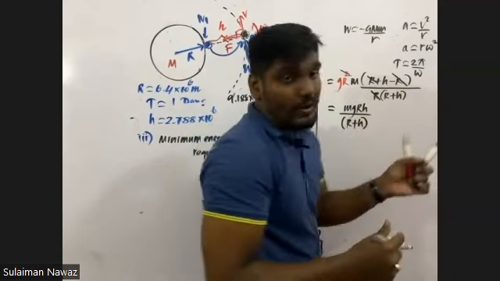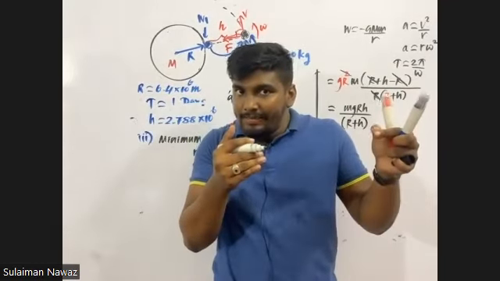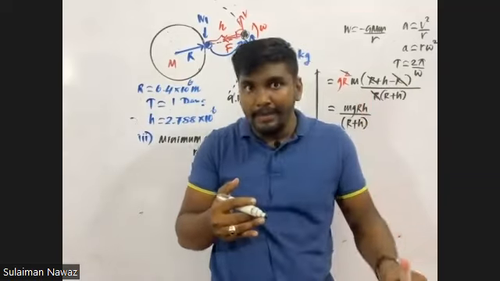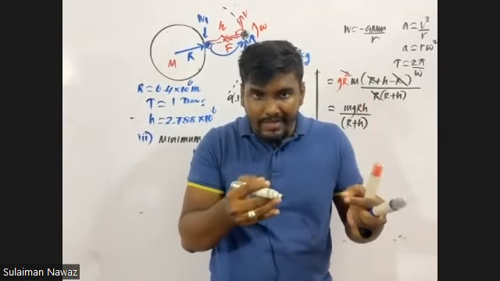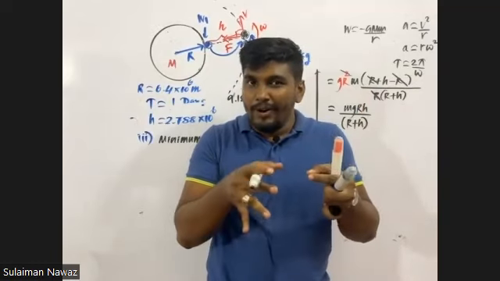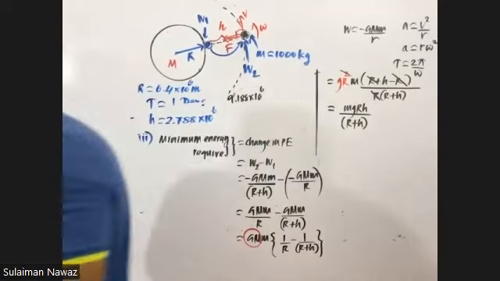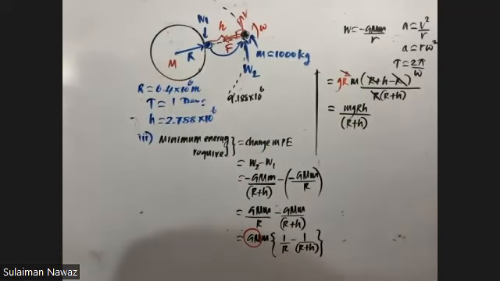Now I say that when you do these questions, until your maximum possible step, continue the simplification only in terms of variables, right? If not, your simplification will become complex. So now we want to substitute.